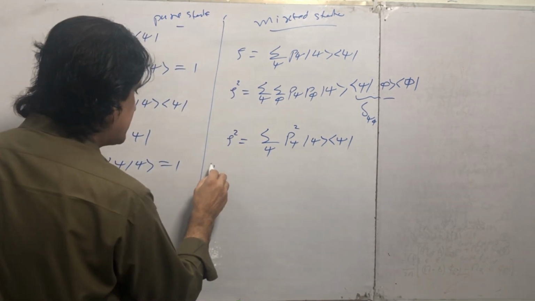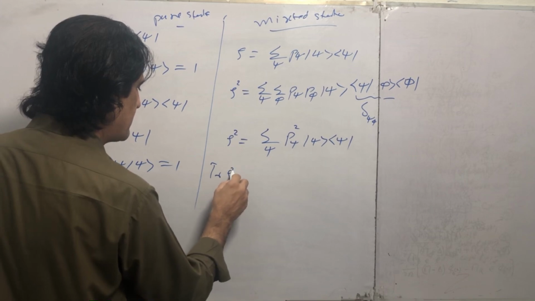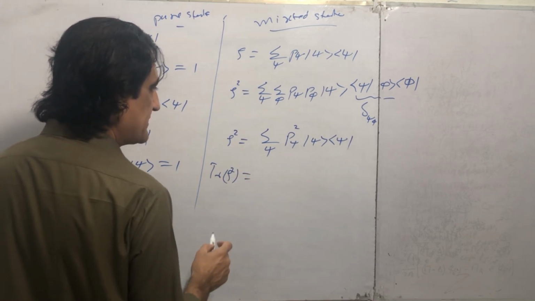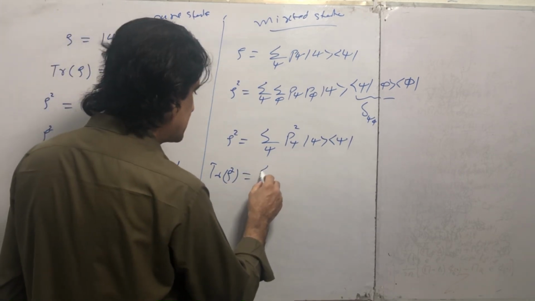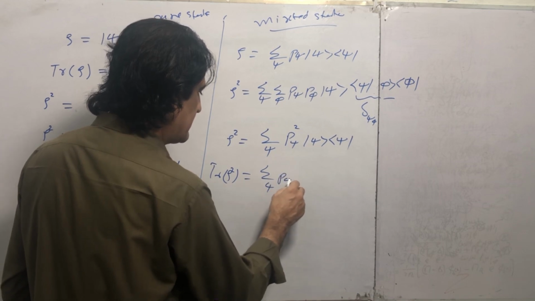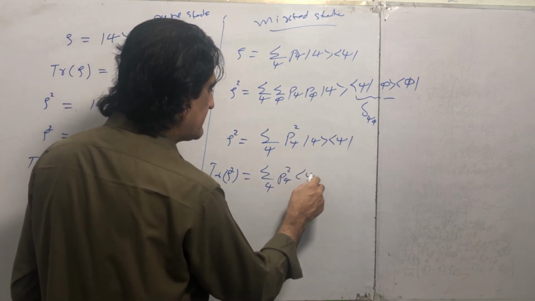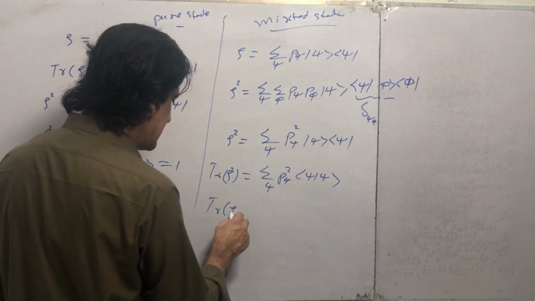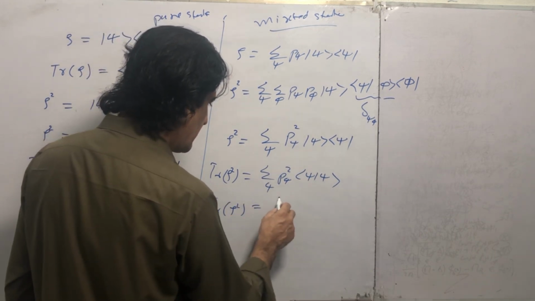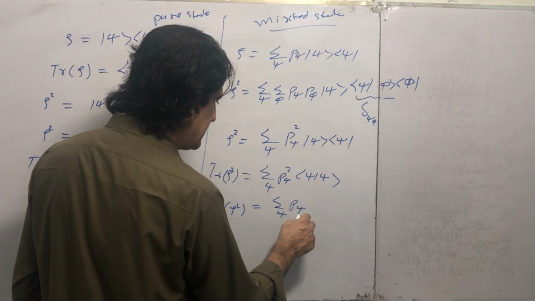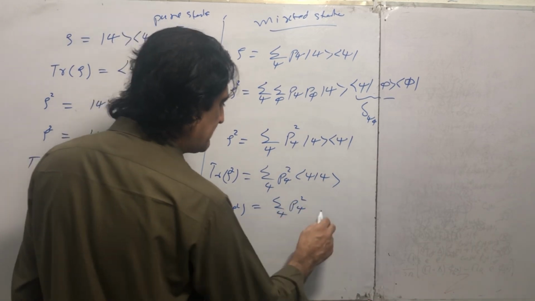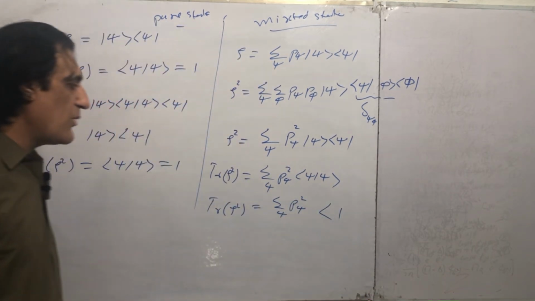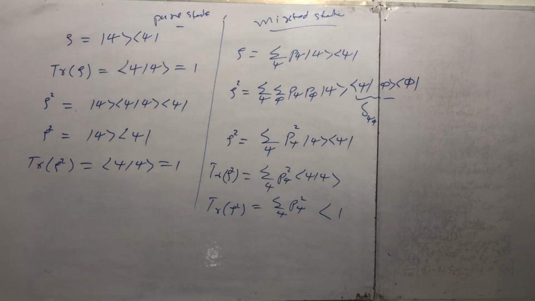If we take the trace of rho squared for a mixed state, then the trace of rho squared is the sum of p squared, and this must be less than 1. The probability squared must be less than 1. So this is the condition.